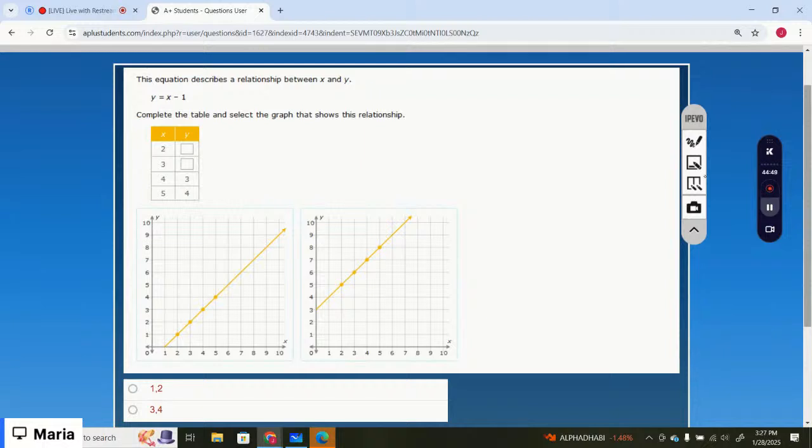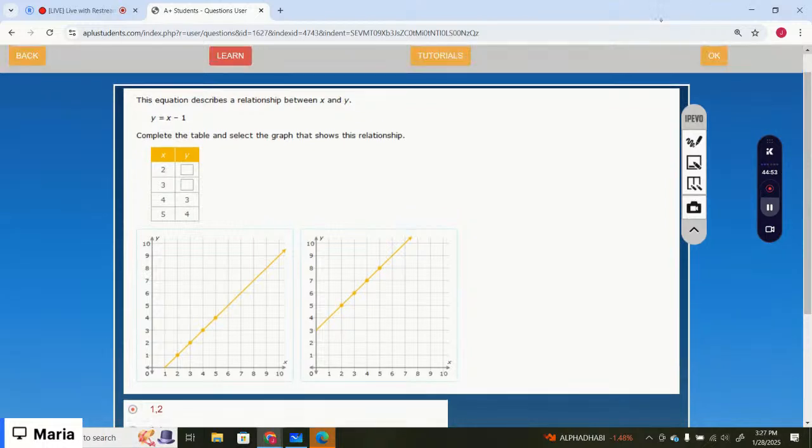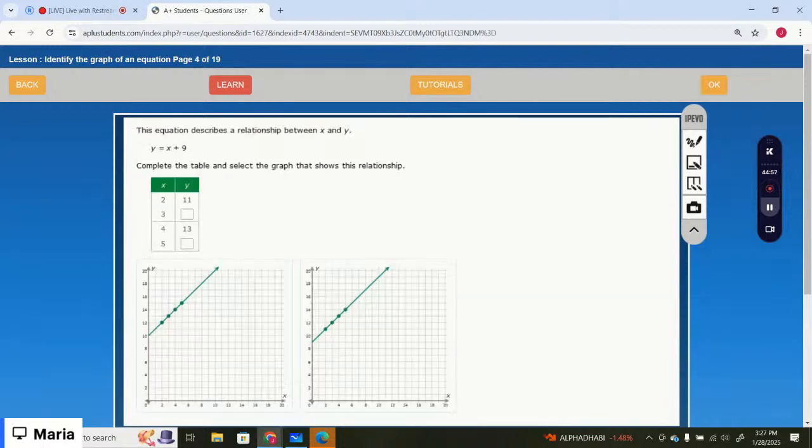That is option number 1. The values are 1 and 2. The missing values are 12 and 14, I think.